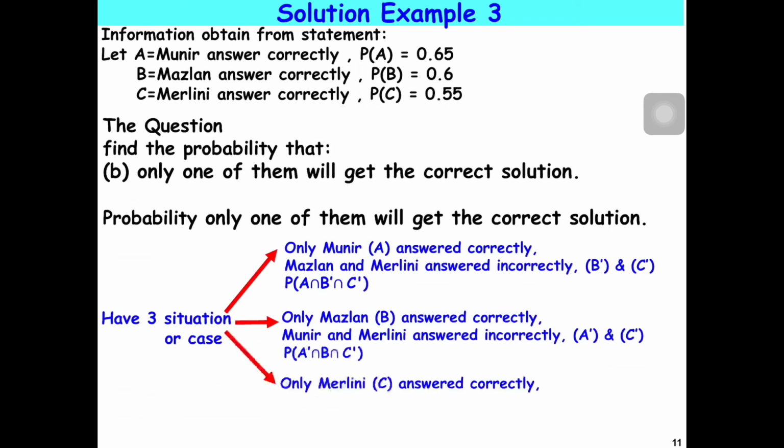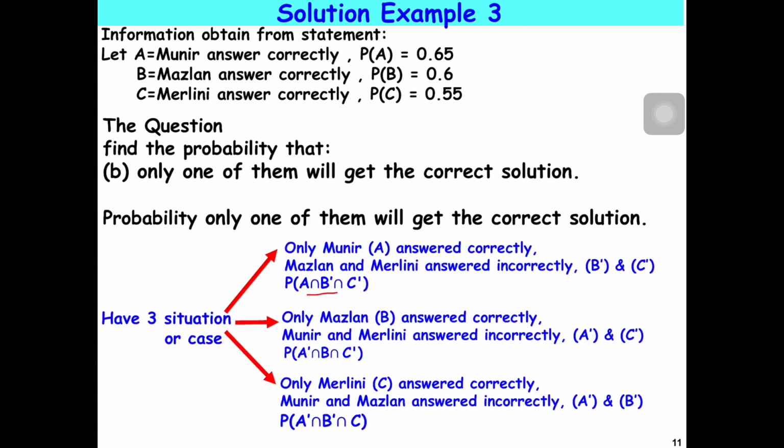And the third situation is that only Marlini, C, answered correctly. Therefore, Munir and Mazlan answered incorrectly, therefore A complement and B complement. Probability A complement intersect B complement intersect C. So these are the three situations or cases that you have to consider, and these are the probabilities that you will have to take.